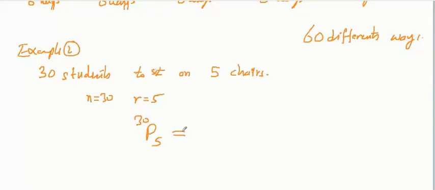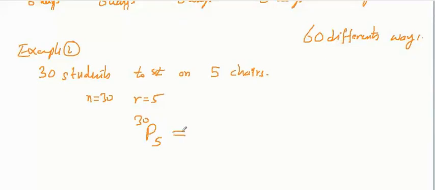Let me check my calculator. Yes, NPR is at multiplication and NCR is at division. So first we write the value of n, 30, then shift multiplication sign, you will get P on the screen, and then 5, and then press equal.